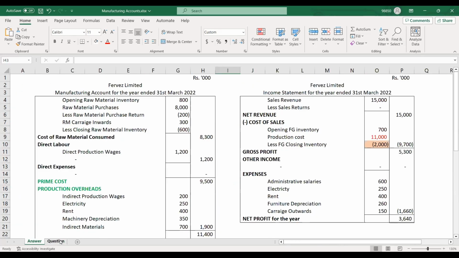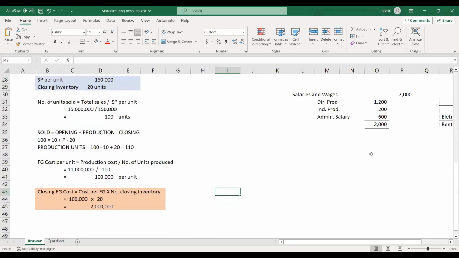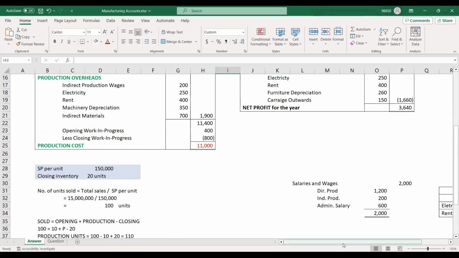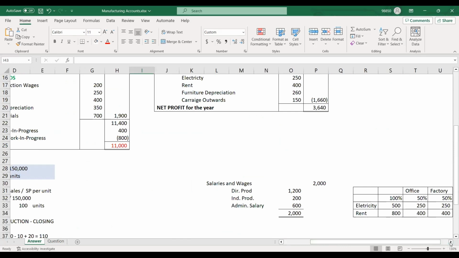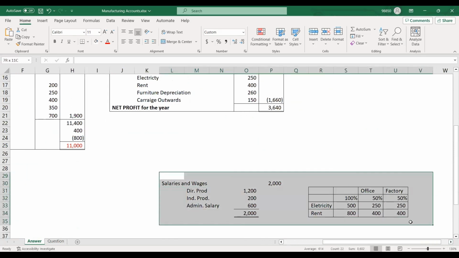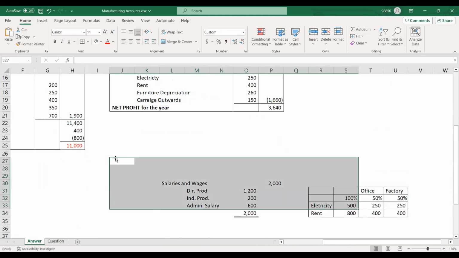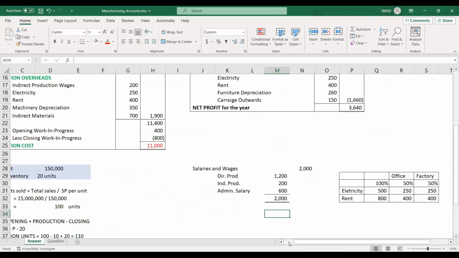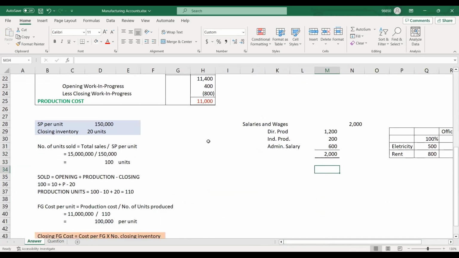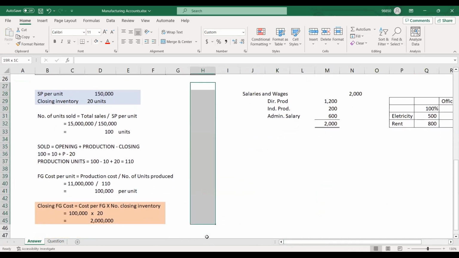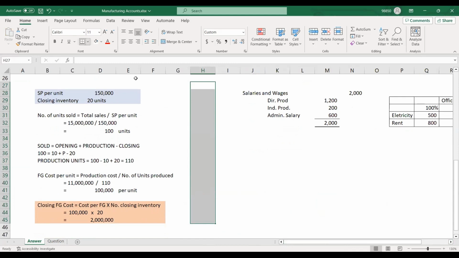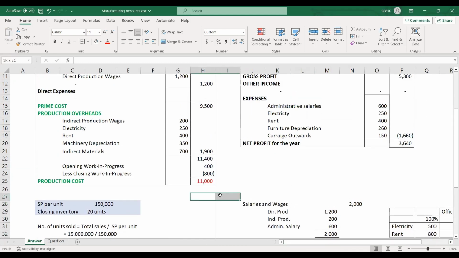So I can send you this Excel sheet, right? So your question is here and the answer is here and the workings are here. Anything at all?